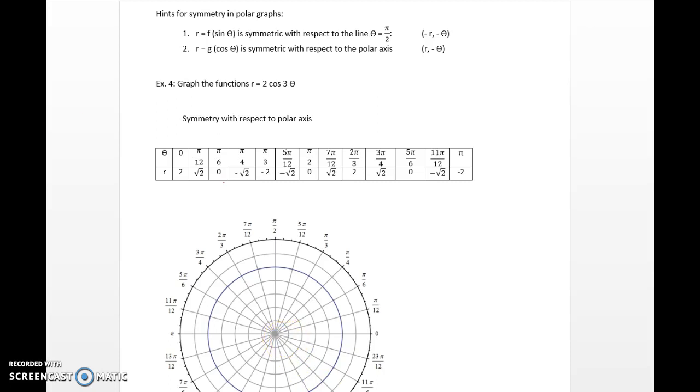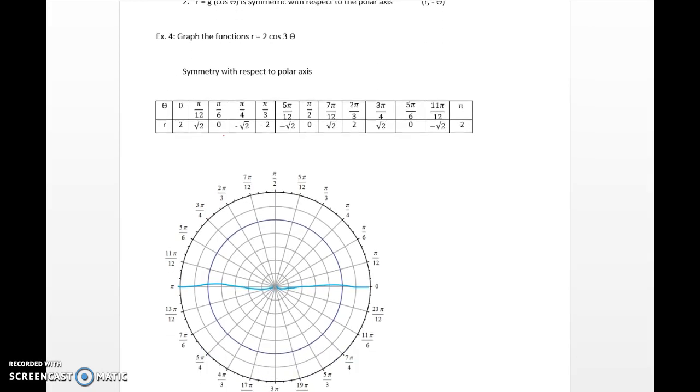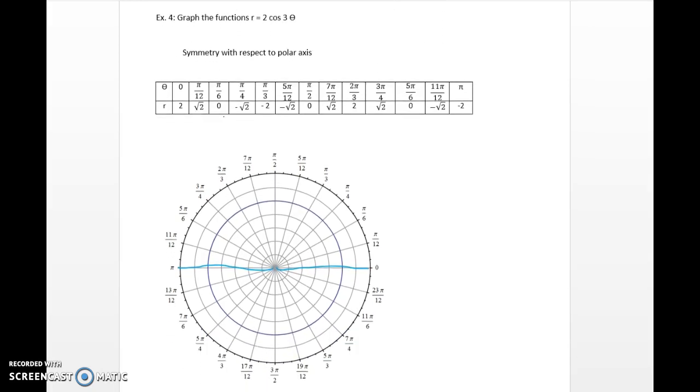If we look at the graph down here, I'm drawing up the polar axis, which is why all we need to find are the points from 0 to pi, and then the points from pi to 2 pi, we can just copy.